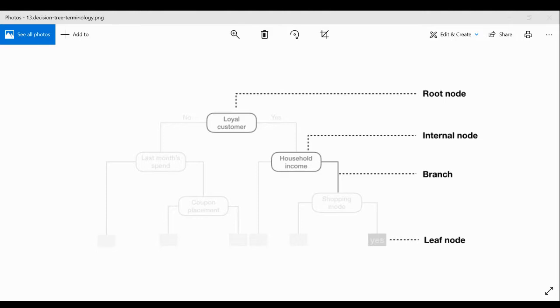Okay. So how do we go about the process of partitioning? How are we making these splits?